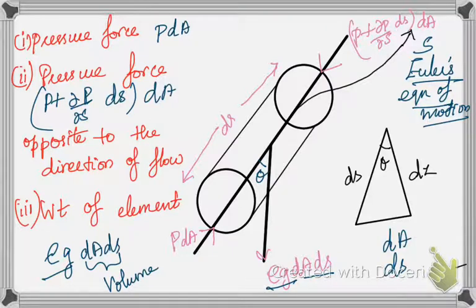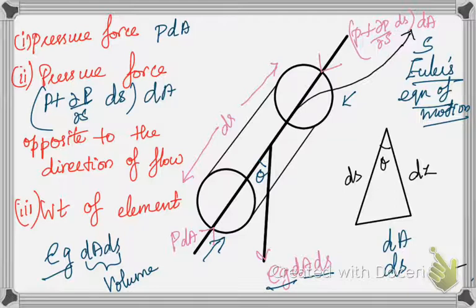So we have to take into consideration the resultant force. Resultant force, that is force, is equal to mass into acceleration. This is as per Newton's second law of motion: force is equal to mass into acceleration. Here, if you take the net force, if I consider this pressure force direction to be positive, then automatically the upward direction is positive and the downward direction is going to be negative.